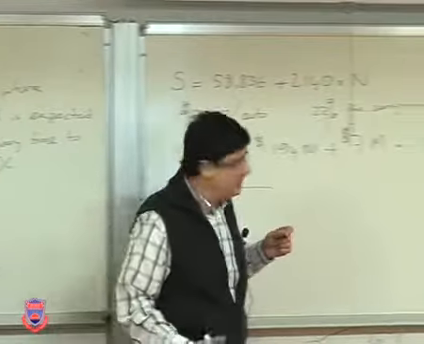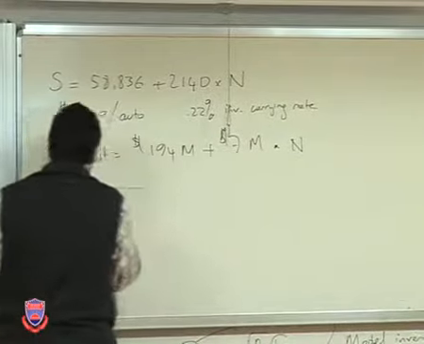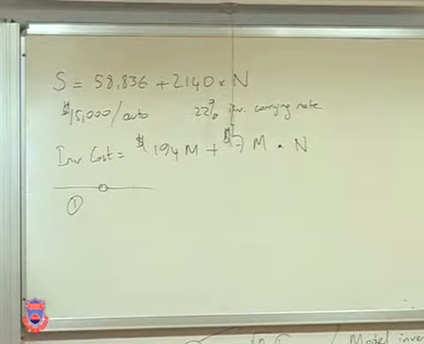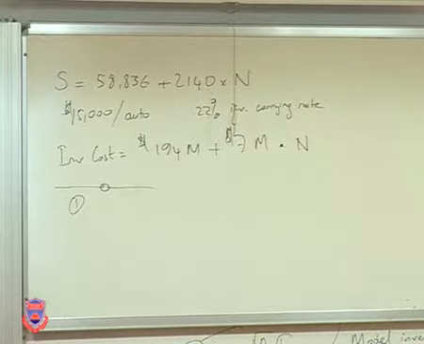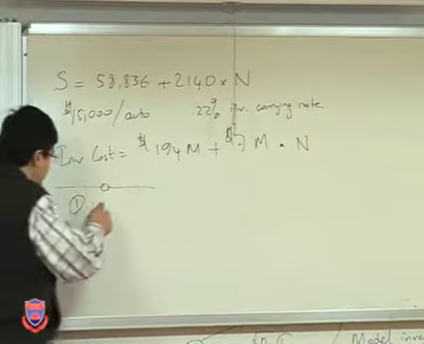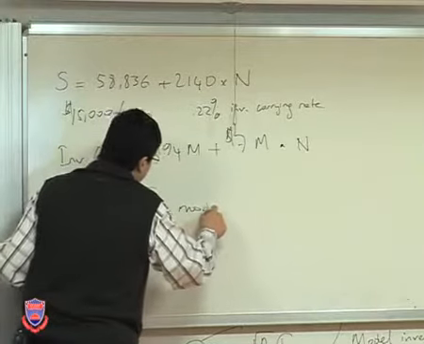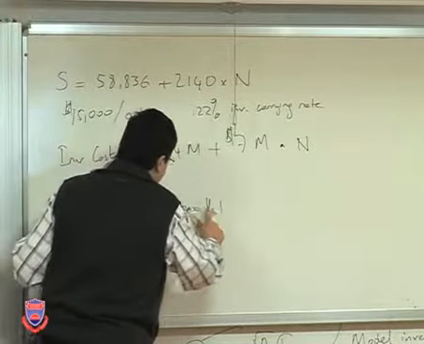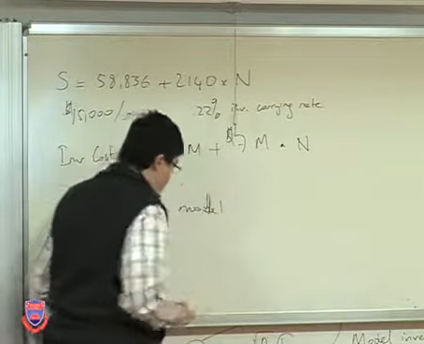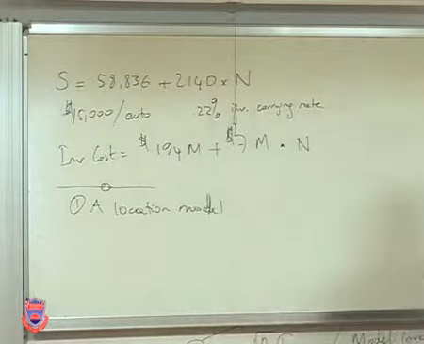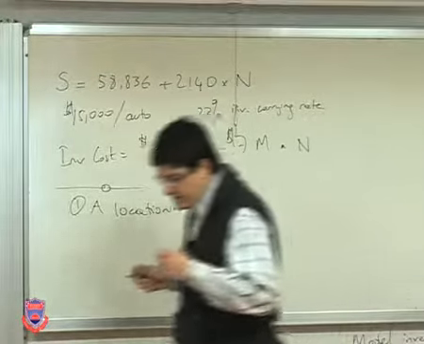Okay, so let's start with the first one. We are going to see three models. The first one is going to be the location model. This is called the fixed charge model. This is one of the basic models of location, and it has been worked on for probably 40, 50 years.